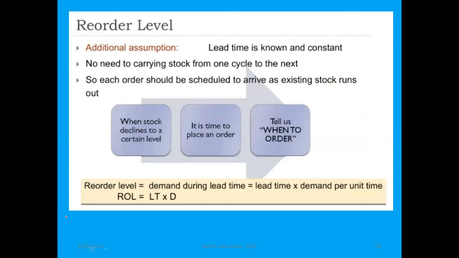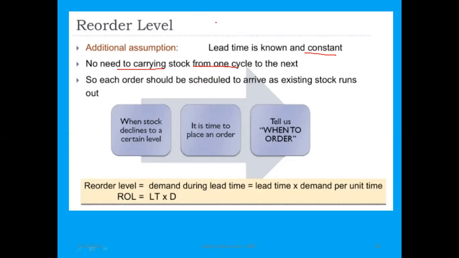So for the annual assumption, let us take that lead time is known and constant. Now there is no need to carry stock from one cycle to the next cycle. So each order should be scheduled to arrive as existing stock runs out.